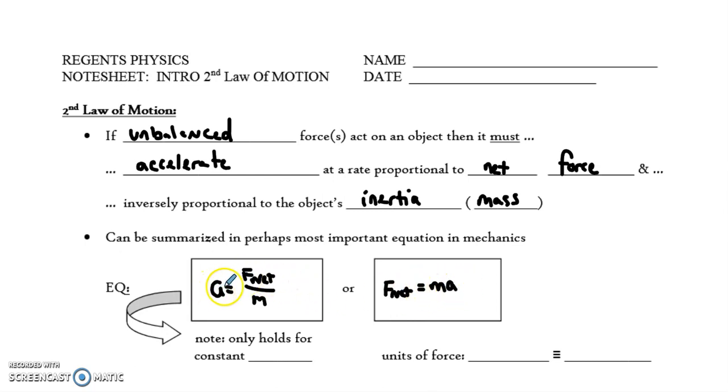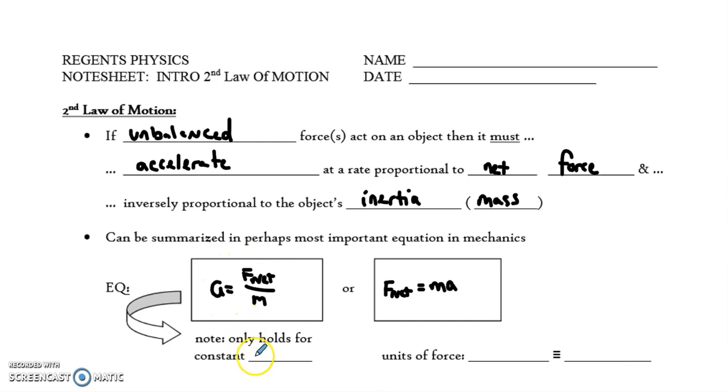But this gives you a real indication of cause and effect. So the effect is the acceleration, and the cause is an F net, or by altering the m, you can have a slightly different acceleration for the same F net. Right? So the causes are on this side, the effect is on that side.